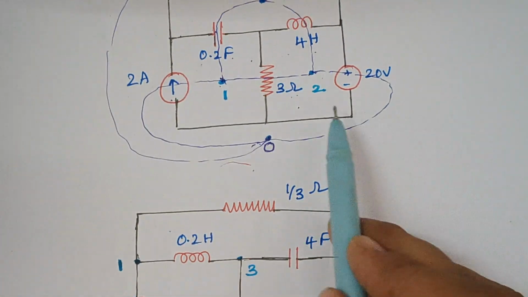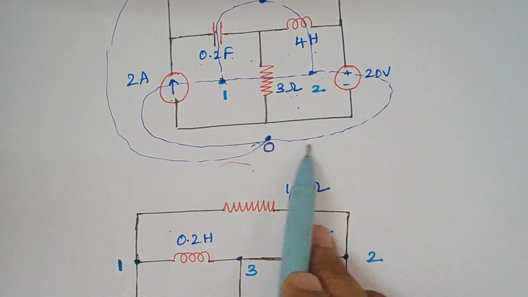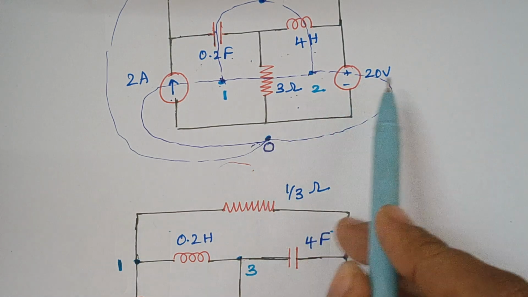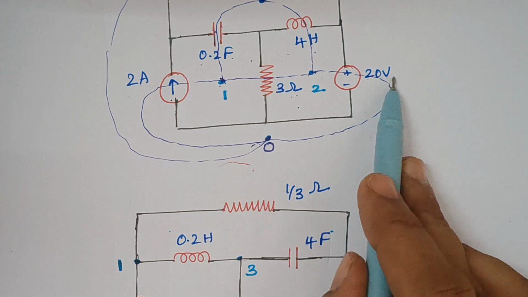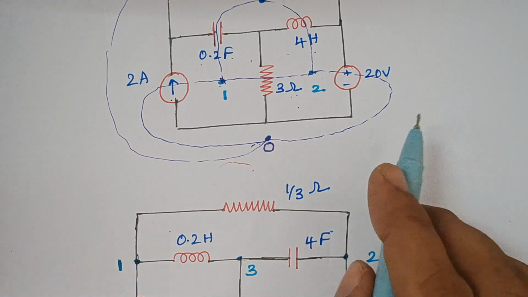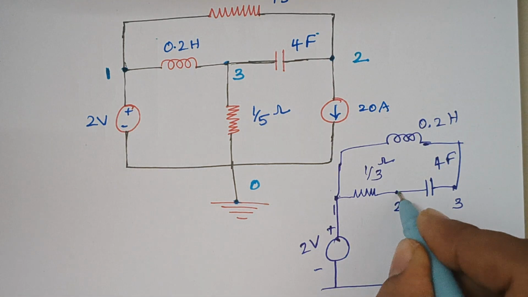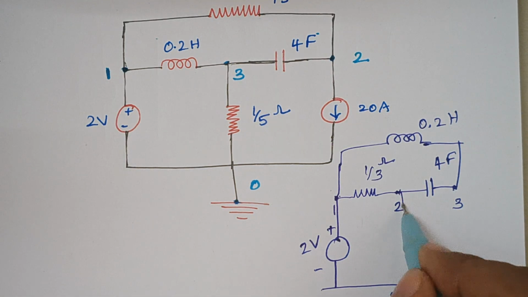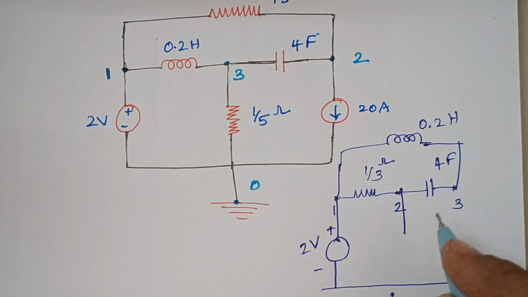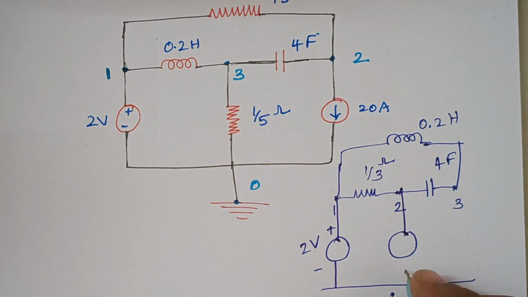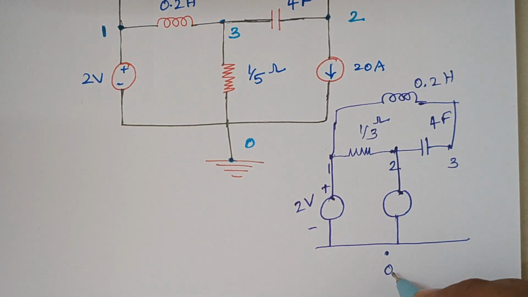Again you see this dot 2 is connected to our reference dot by 20 volt. So here this voltage source will get modified as a current source. So here we will have a current source, and it is connected to our reference point here.